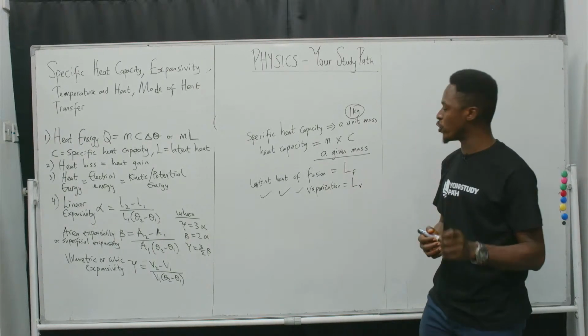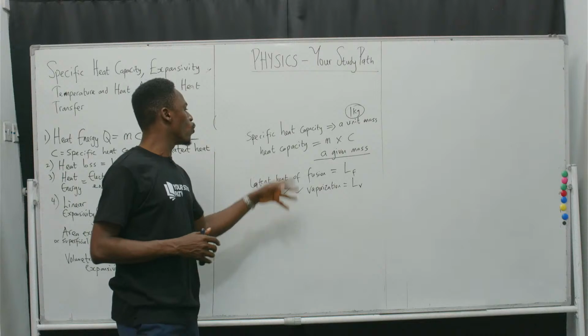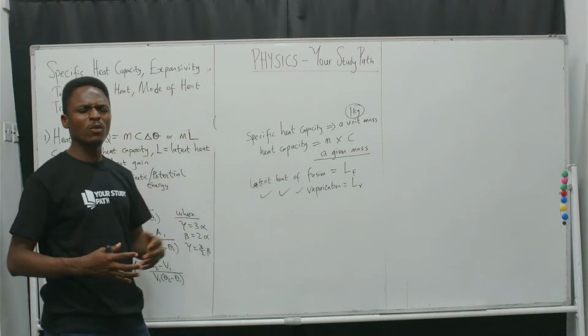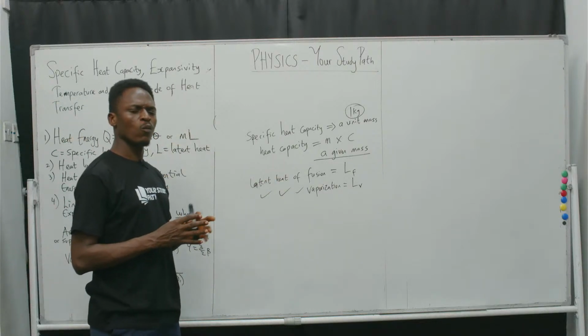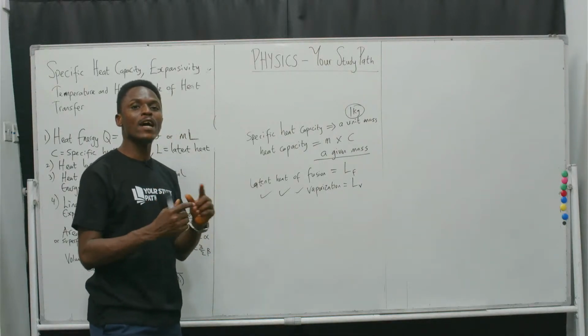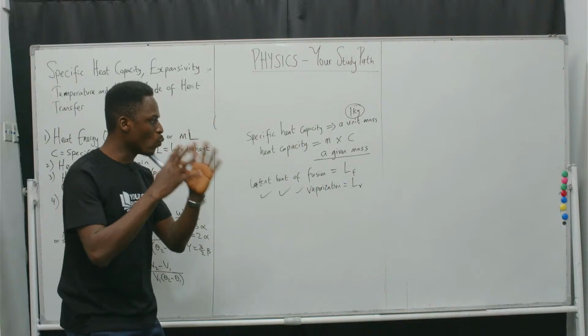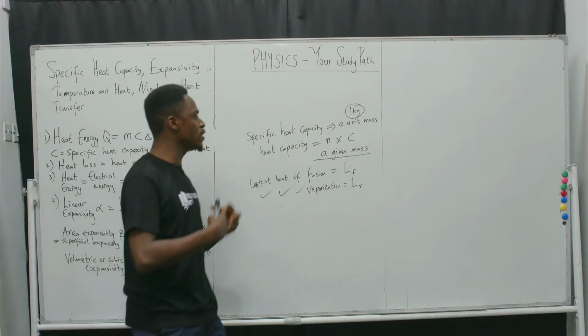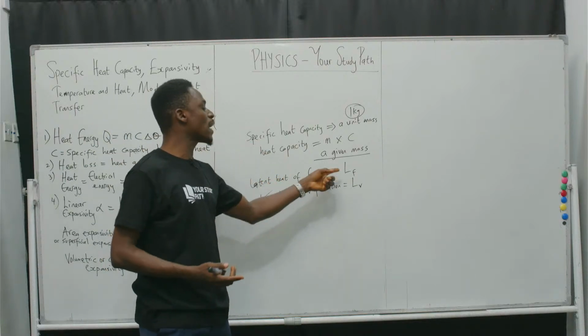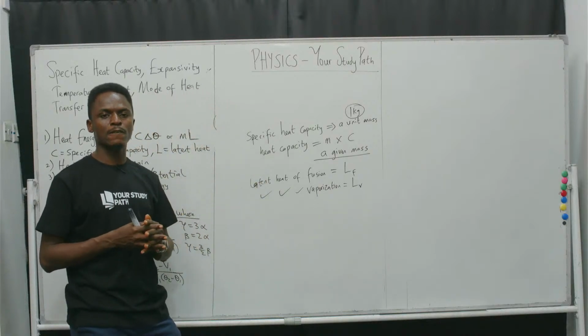What is the difference between the two? Take your mind back to something fusing. When we want a change of state such that water fuses into ice, when a liquid changes into its solid state, then latent heat of fusion takes effect.